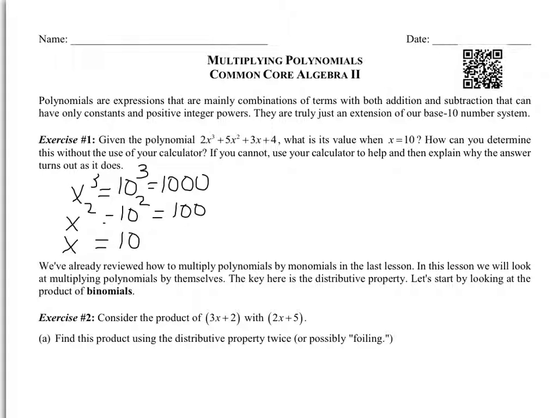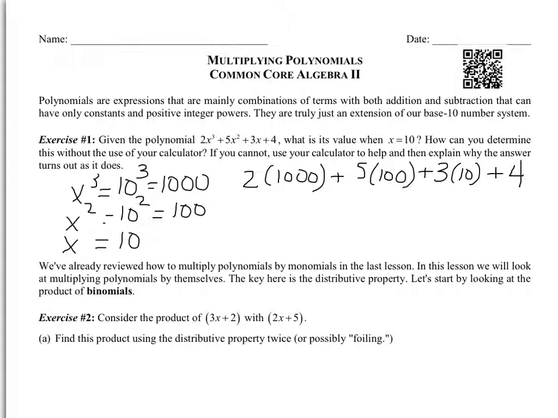So if we think about combining this, we really have 2 times 1000. We're going to add to that 5 times 100. We're going to add to that 3 times our 10, and then we have a constant as well to add in, and that is 4.